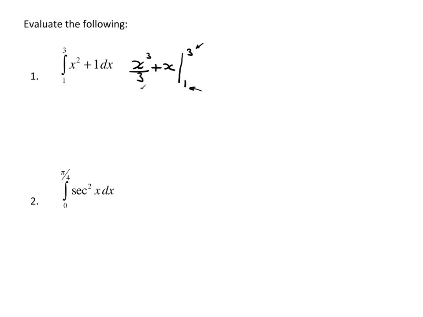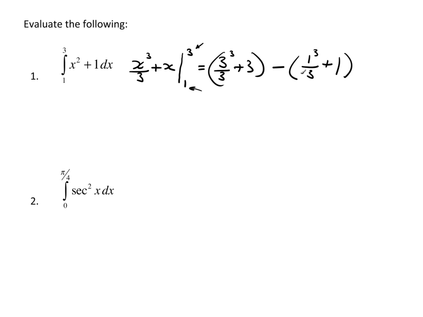So now I'm going to evaluate this. This is going to be F of 3, this antiderivative at 3, which would be 3 cubed over 3 plus 3. That is F of 3, the antiderivative at 3, minus this thing at 1, which would be 1 cubed over 3 plus 1.